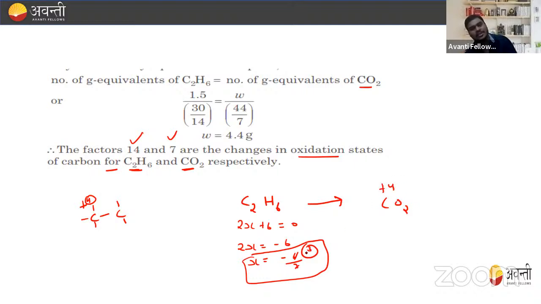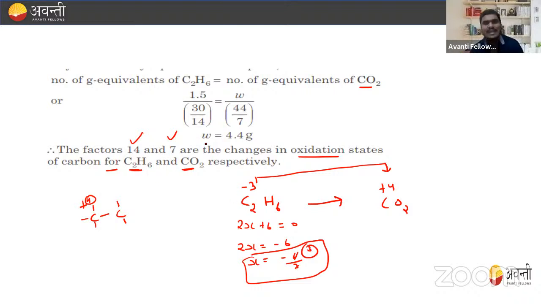And here it is equal to what? Is it equal to minus 3? So minus 3 to 4. What is the change in oxidation state, beta? Minus 3 to 4. The total change is minus 3, minus 2, minus 1, 0, and again 1, 2, 3, 4, right? So the total change is equal to 7.